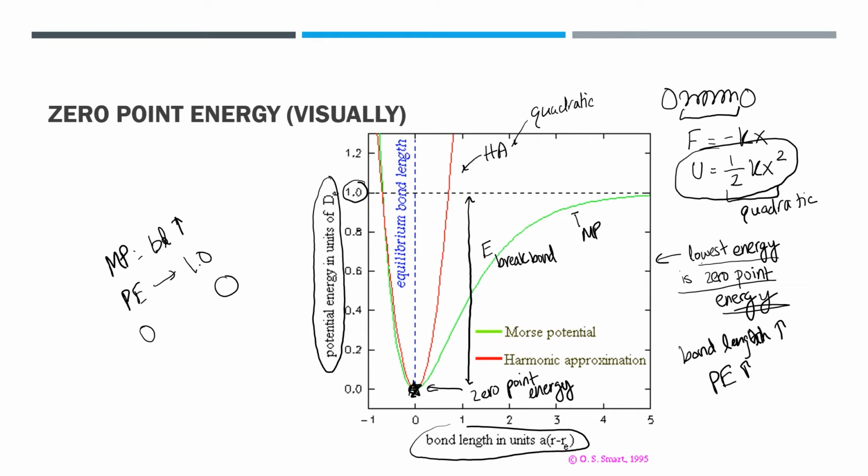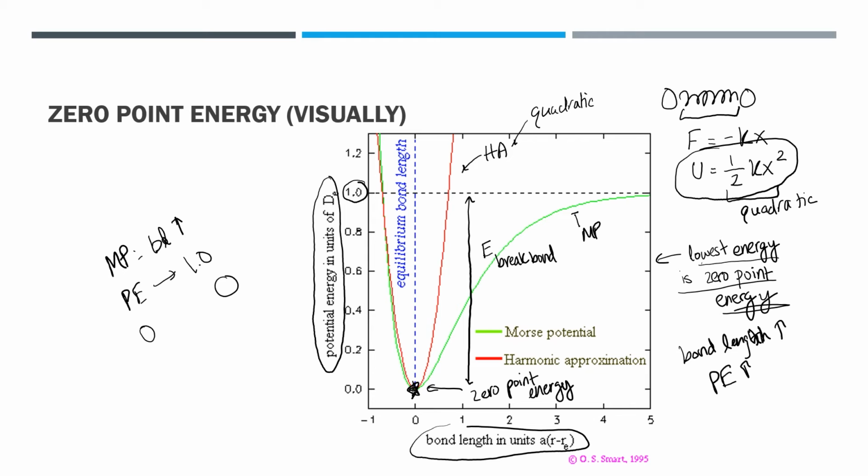So we actually found the 0-point energy for the harmonic approximation. But this isn't a bad thing, right? Even though the Morse potential describes the bond better overall, the harmonic approximation basically agrees with the Morse potential at the 0-point energy, because you see these minimums of the curves are basically the same.